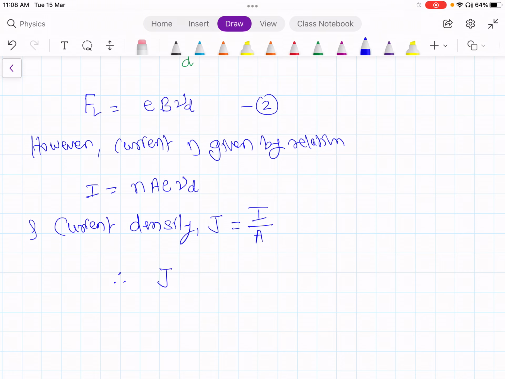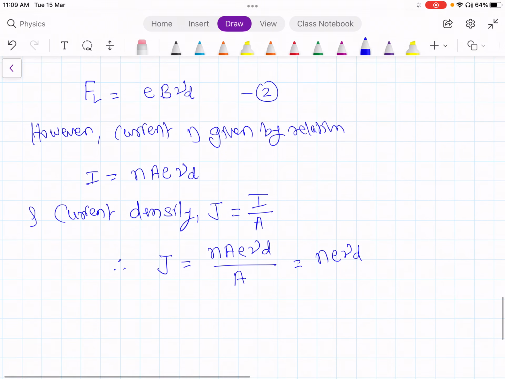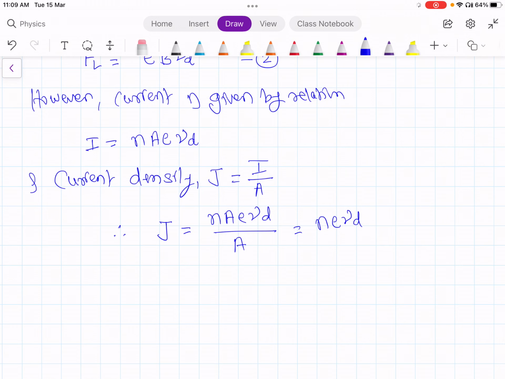Therefore, J equals N A e Vd divided by A, and that equals N e Vd. Further, we can simplify, and let us find Vd. So Vd equals J upon N e, and this is our equation 3.